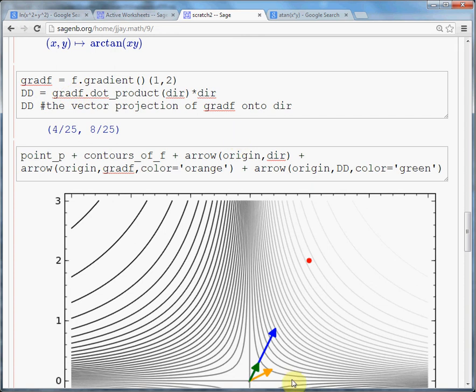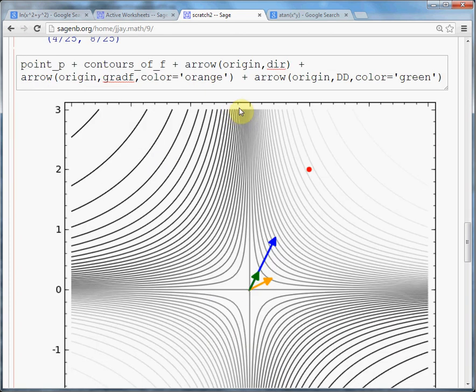I'll get to that when I come to it. So I also have the vector projection of the gradient onto the unit direction. And I did that because it means something about the directional derivative.